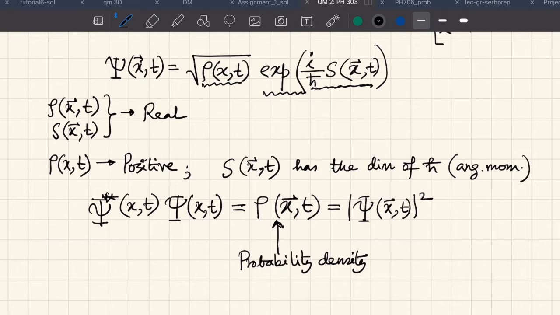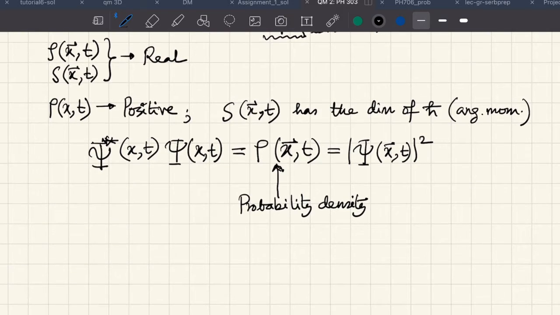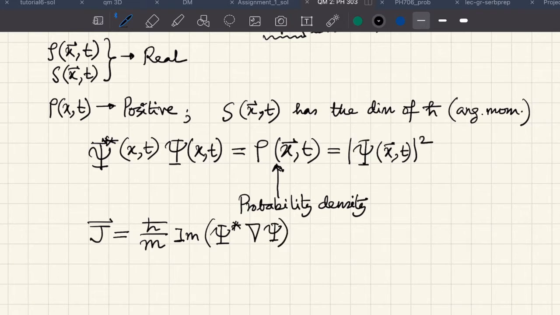First, recall the formula for the probability current. It was h bar by m times the imaginary part of psi star gradient of psi.